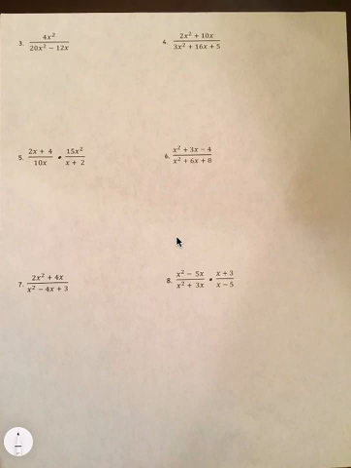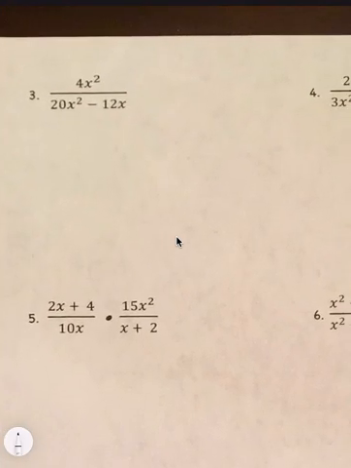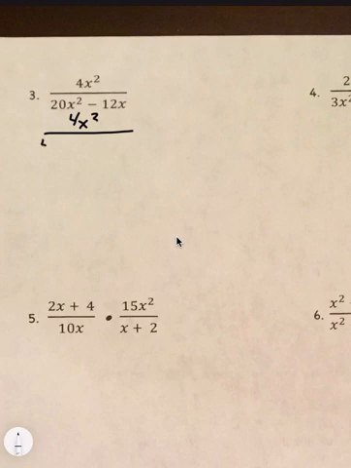The top, we don't do anything to it. Stays 4x squared. What can we do to the bottom? 20 and 12. Well, the biggest number we can take out is a 4. X squared and x, we can take out an x. So that means we're left with 5x minus 3. So then what can we cancel?